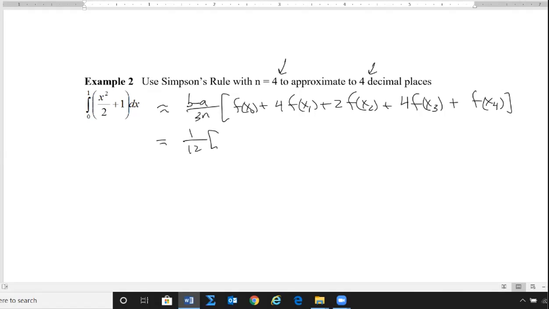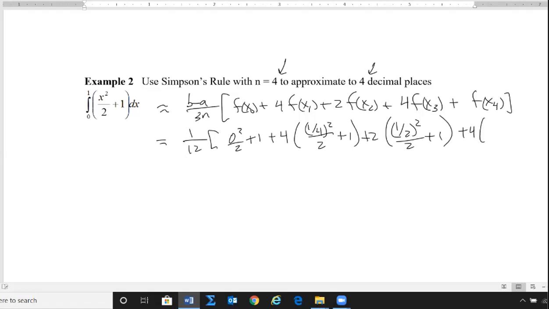And then we'll have 0 squared over 2 plus 1, plus 4 times 1/4 squared over 2 plus 1, plus 2 times 1/2 squared over 2 plus 1, plus 4 times 3/4 squared over 2 plus 1, and plus 1 squared over 2 plus 1 is my last term.